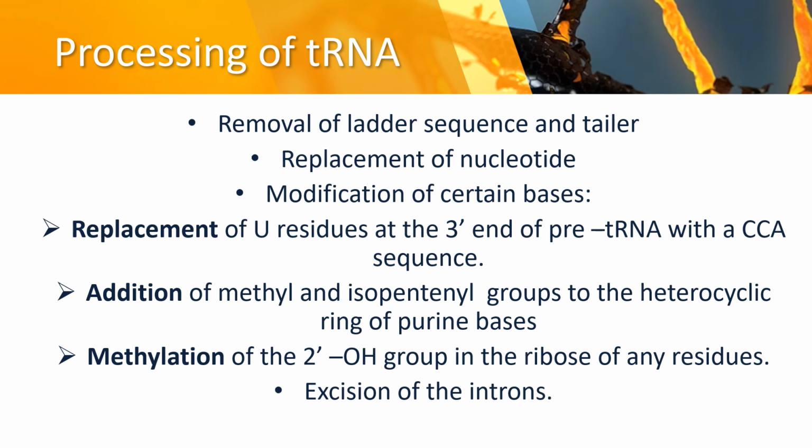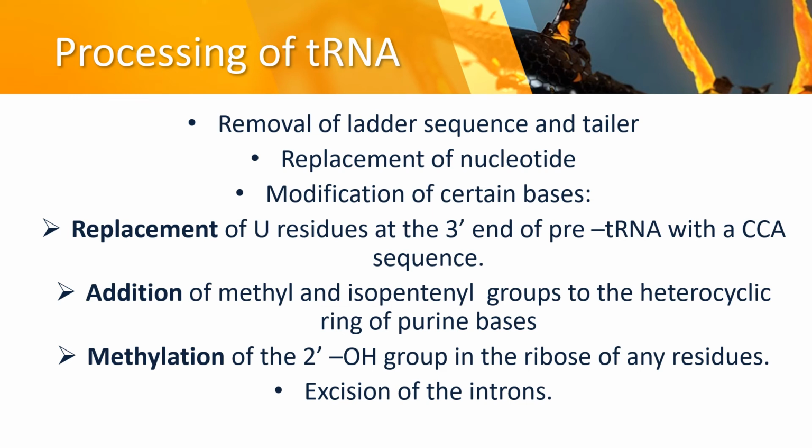Now the processing of tRNA comes. tRNA is also a form of RNA. The processing of tRNA occurs by the removal of leader sequence and trailer sequence, replacement of nucleotides, and modification of certain bases.